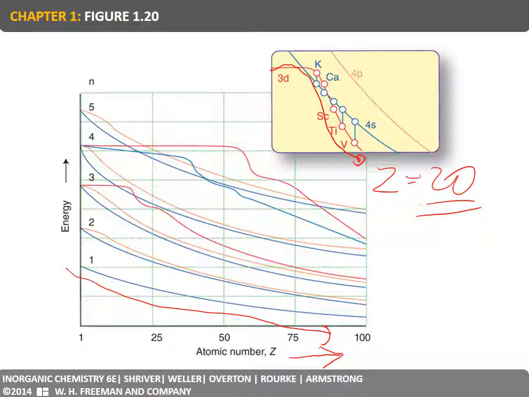And if you put everything together, filling in the orbitals, as you go through it, you will see 1s1, 1s2, 2s1, 2s2, 2p, and so on and so forth. This corresponds to Z being 20 and basically the appearance of the 3d orbital.